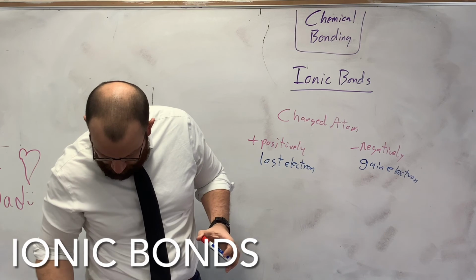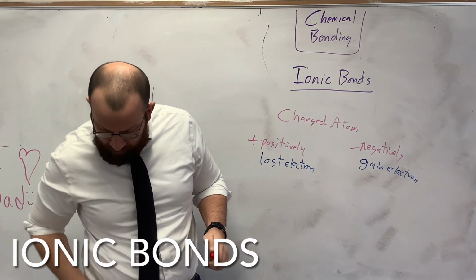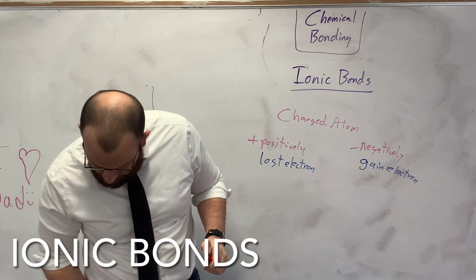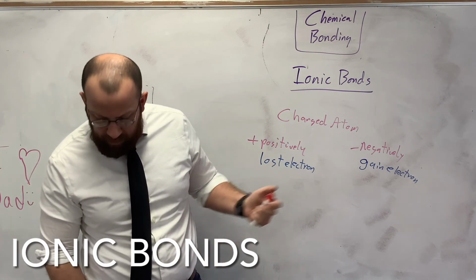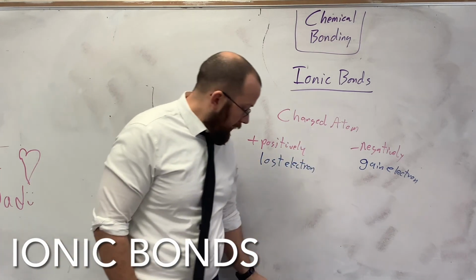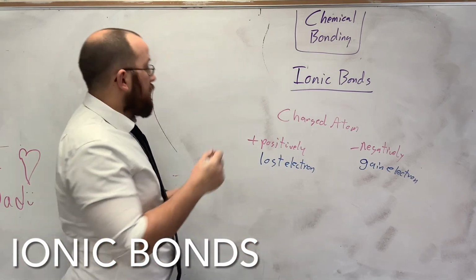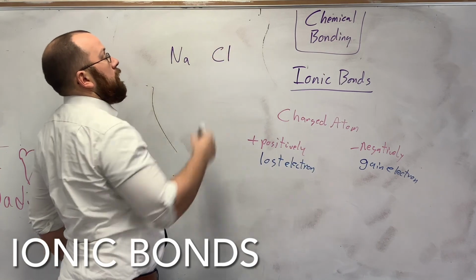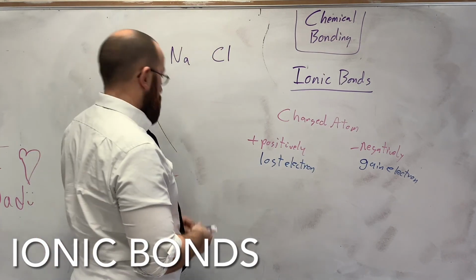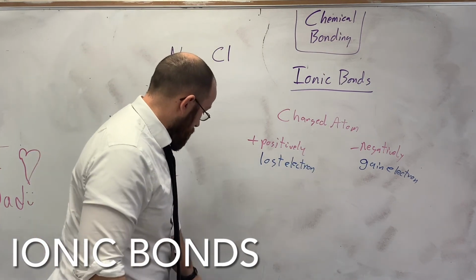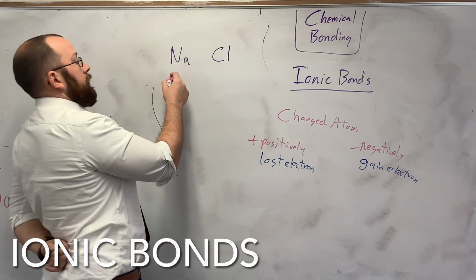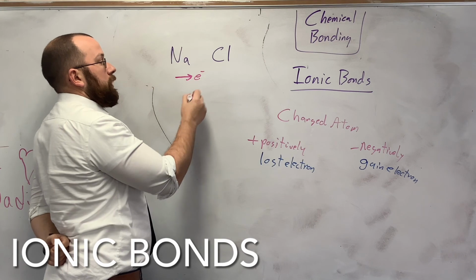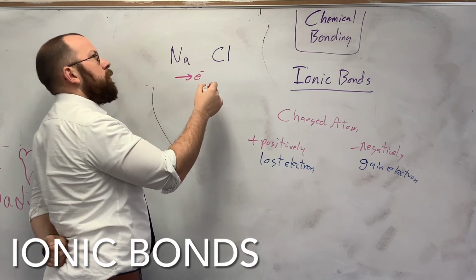This causes 2 ions to be attached to each other and bond. This is called an ionic bond. Like with sodium and chlorine. Sodium sends over an electron to chlorine.